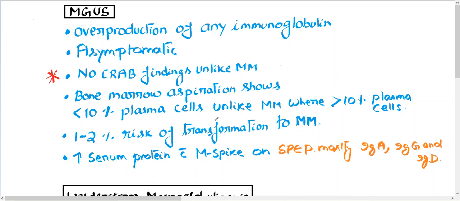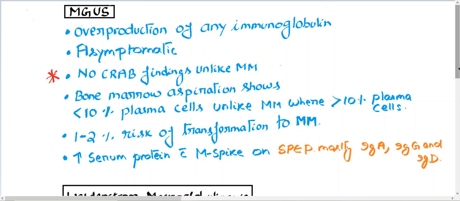When you do the bone marrow aspiration, you will see less than 10% plasma cells, unlike multiple myeloma, where you will see more than 10% plasma cells. And if you see less than 10% plasma cells, it is important that you follow up that condition, because there is a chance that 1 to 2% of these cases transform into multiple myeloma.